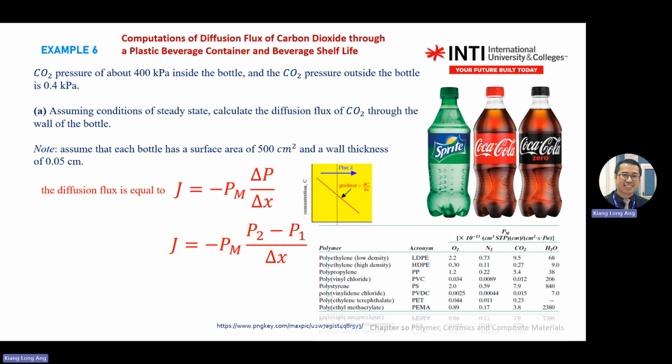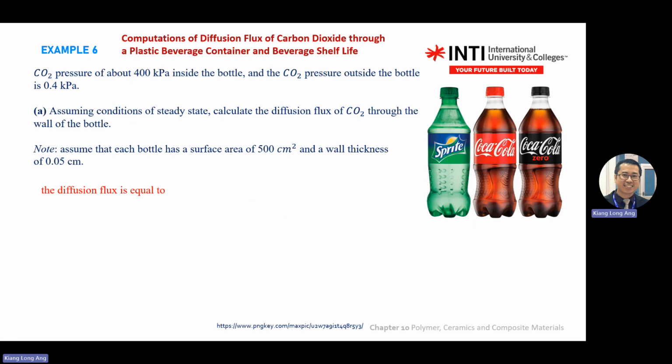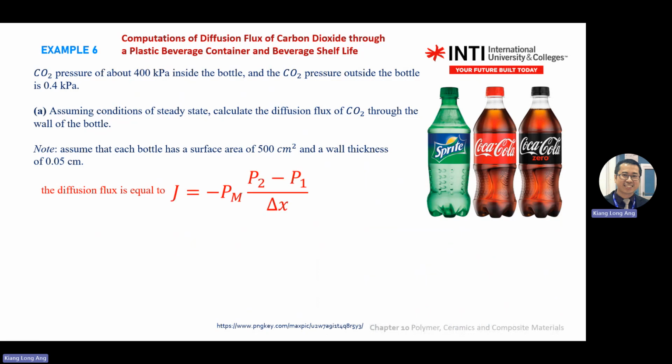Only need to be careful on the unit. Just now you read 0.23, but on top there is 10 power negative 13. So when you substitute, be careful on the unit.